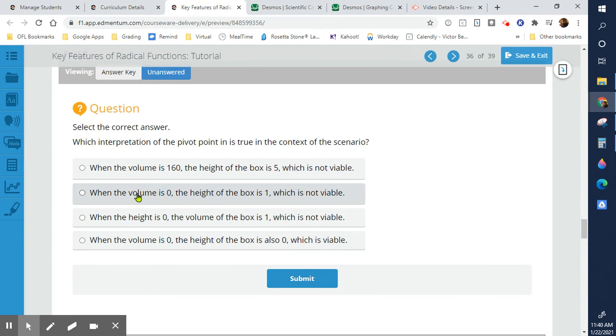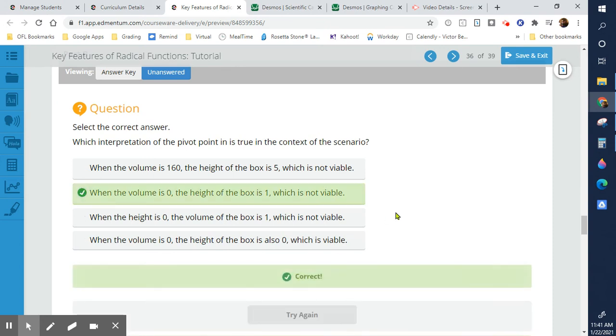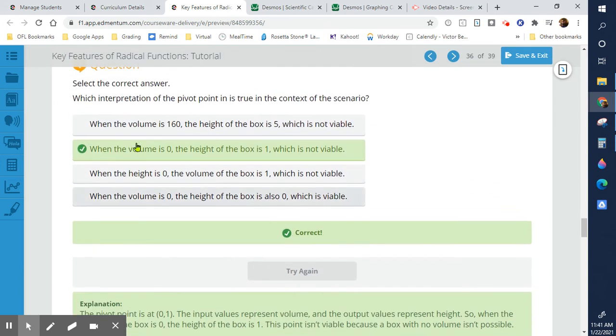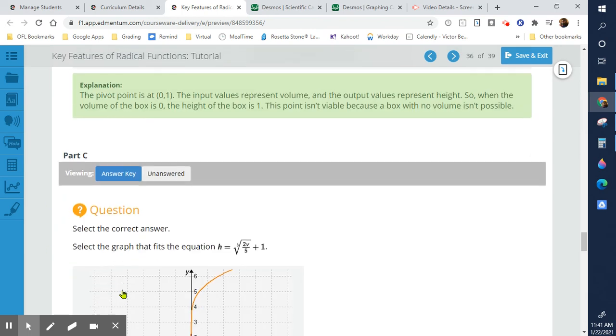The volume is our input, and the height is 1. I think I've been saying that, but it really isn't viable. So it's not viable because how can you have something? You don't want something with a 0 volume, basically.